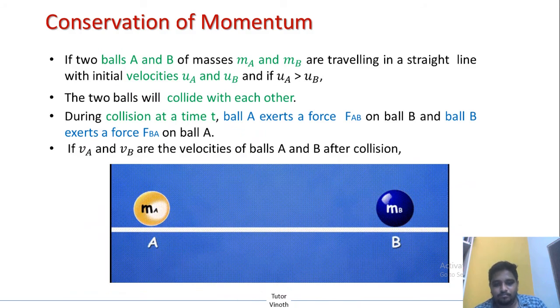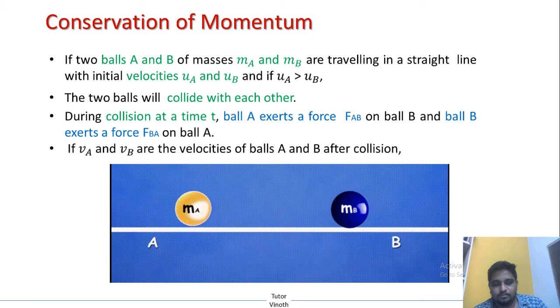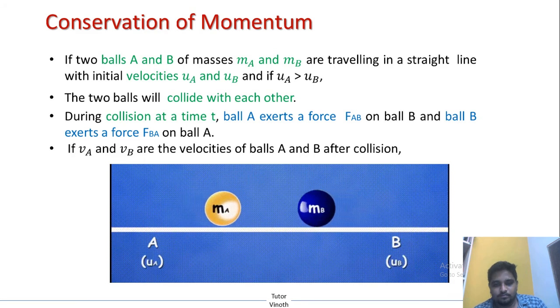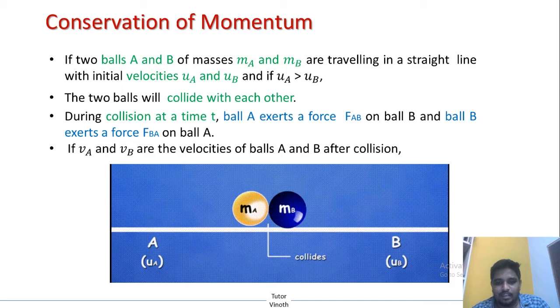After the collision, the balls collide and become stable.